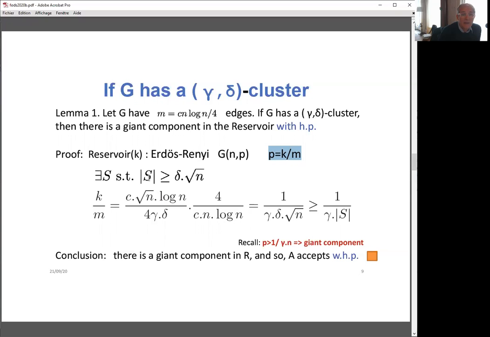By definition, the size of S is greater than delta square root of n, so this is greater than 1 over gamma times the size of S. Then we use the previous result that if p is 1 over gamma times the size of S, then we observe a giant component. So indeed, we do have, with high probability, a giant component in this case.